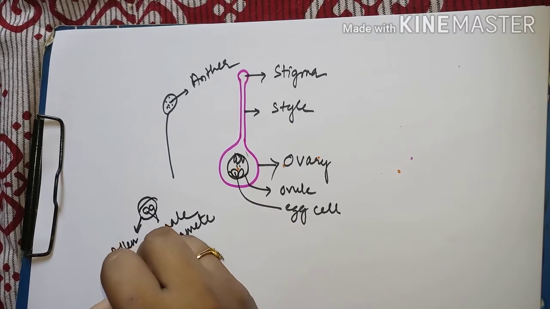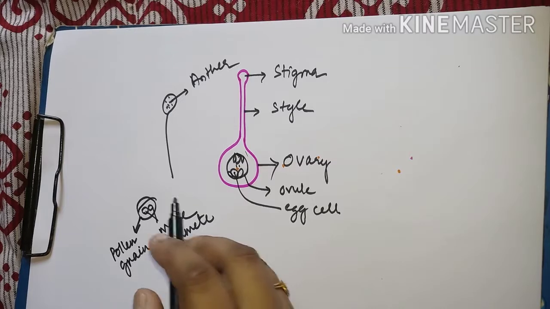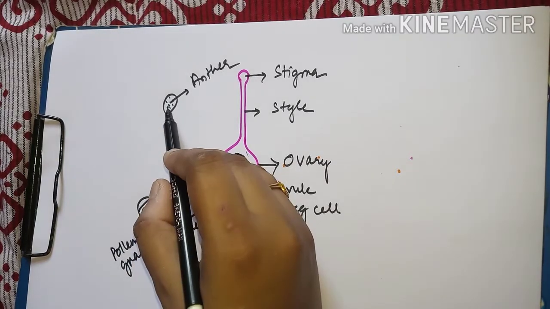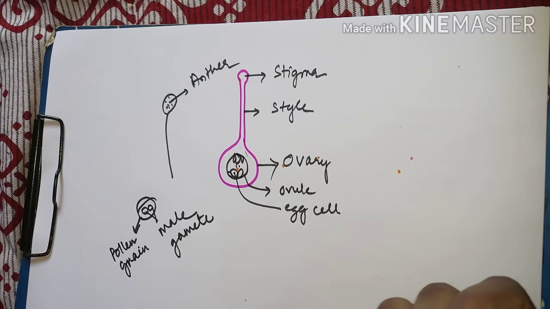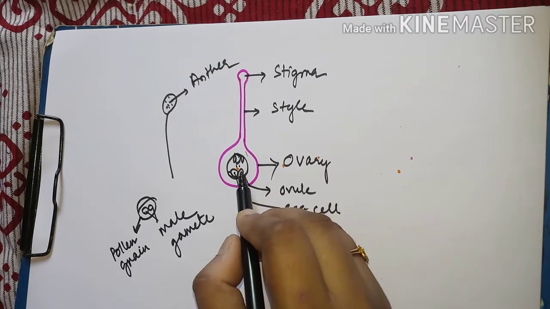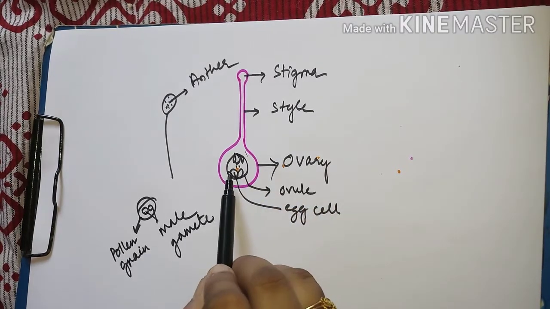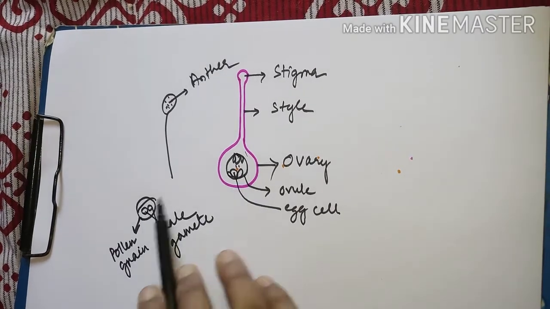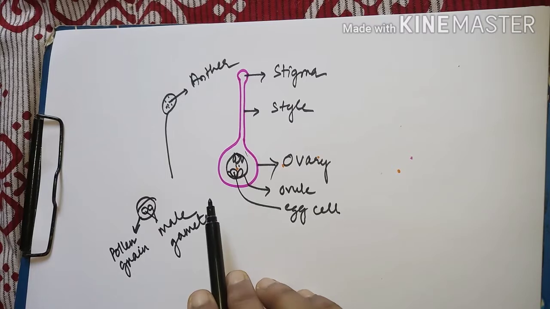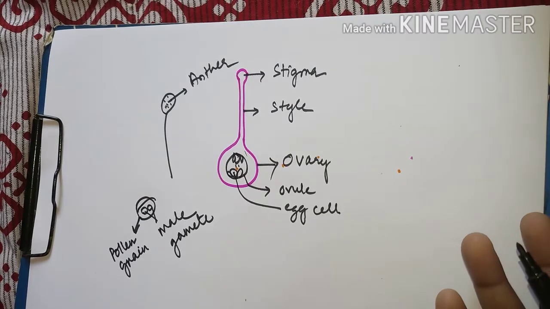So the pollen grain carries the male gametes. This is the pollen grain which is formed on the anther, and it is carrying two male gametes, and the female gamete is produced inside the ovule. Here is the female gamete, and there is a single female gamete produced in the ovule. Both these processes are the result of cell division.